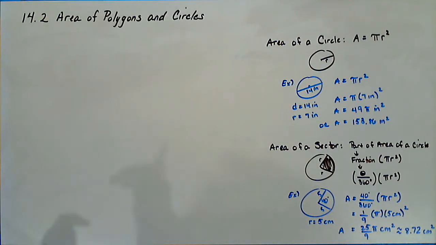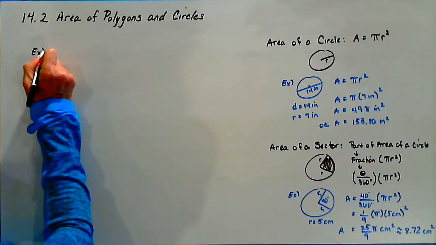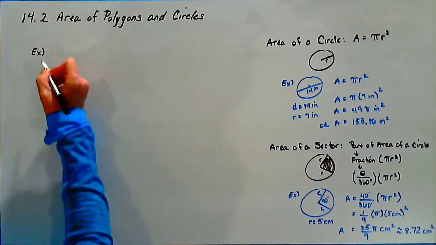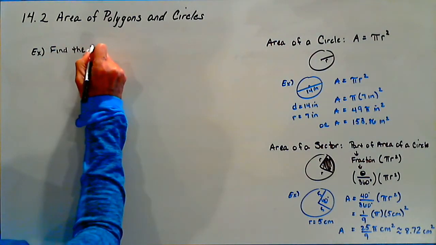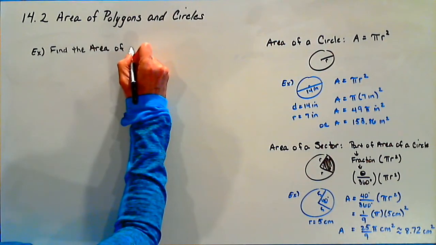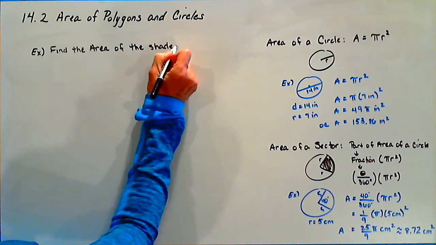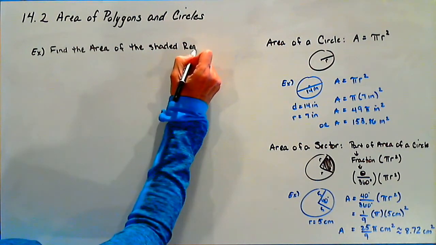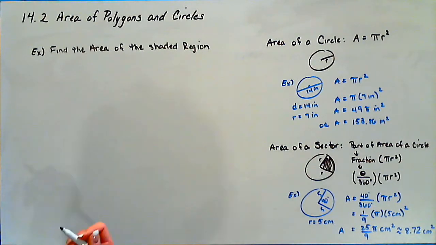I know sometimes students get anxious when you see a picture, so we're just going to try to subdivide it and cut it up. So let's say I ask you to find the area of the last shape here. Find the area of this shape that is shaded. So the idea is thinking about cookie cutter math. How could you do this shape with cookie cutters?